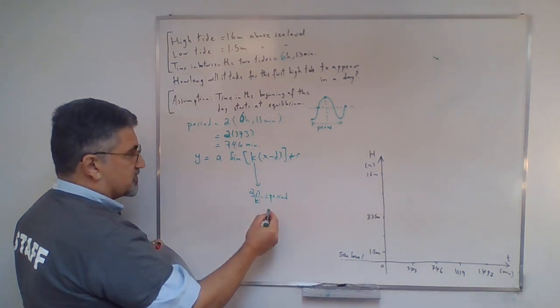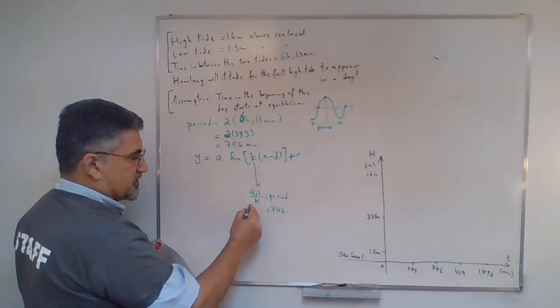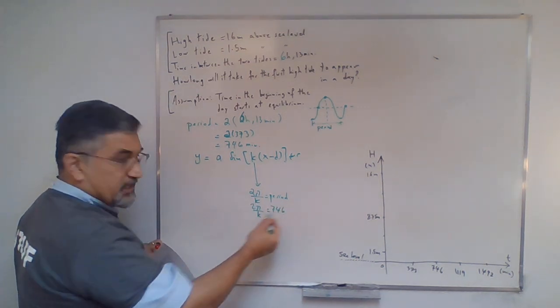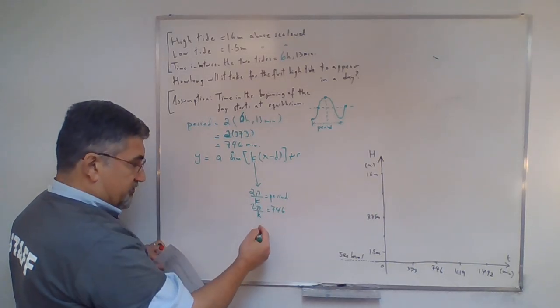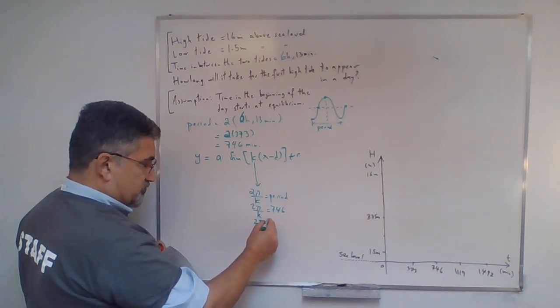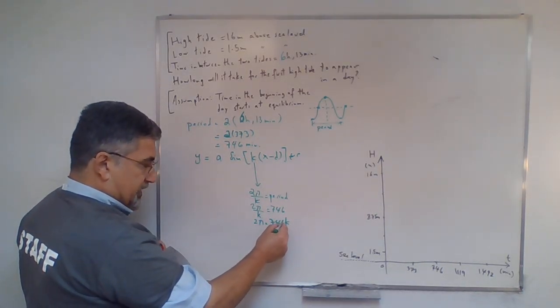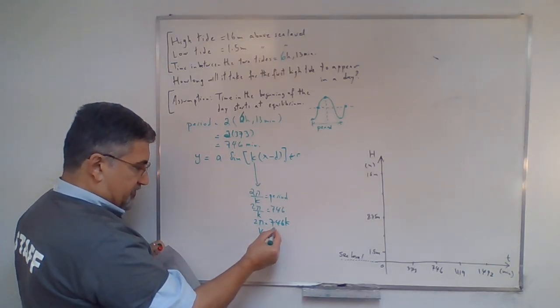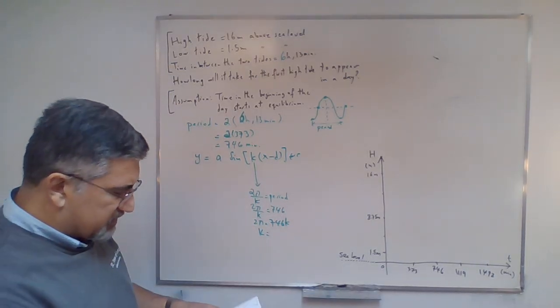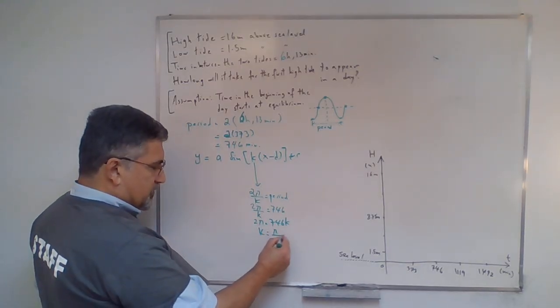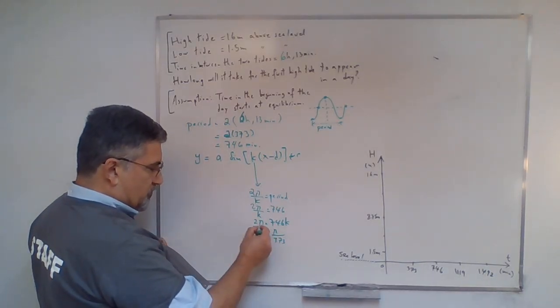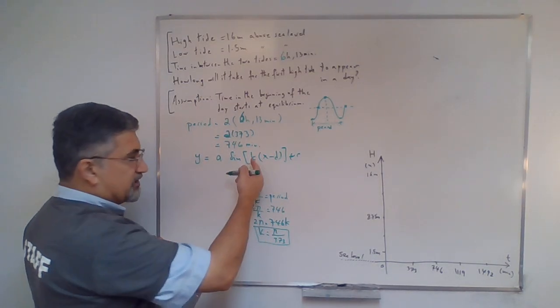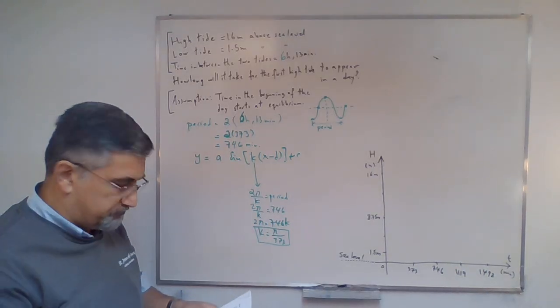So if the period is 746 minutes, that means 2 pi over k is equal to that figure. And from there, if you cross multiply, 2 pi would be 746k. And if you divide both sides by 746, k will be found. And if you simplify, it's going to be pi over 373. So this is how we calculate the value of k right there.